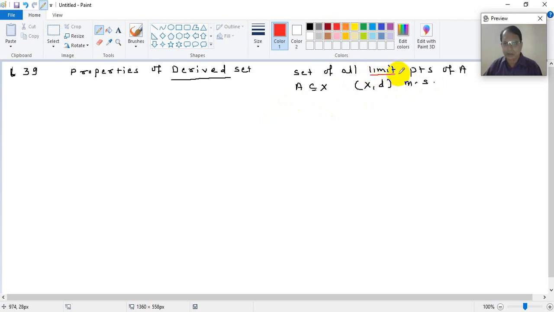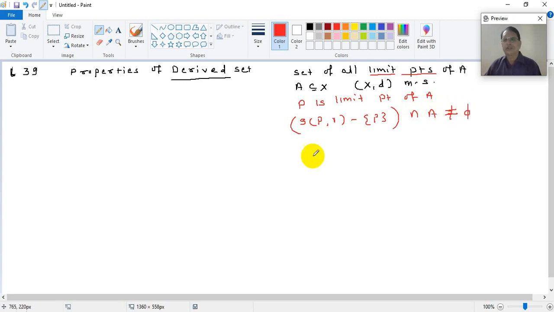If you are asked what a limit point is, it is a point very near to the set A. But how do we write "very near to" mathematically? If I draw any open sphere around the point P, then when we define that P is a limit point of A, we say: you take any radius, and if I draw an open sphere around P with that radius, then that open sphere contains at least one point of A other than P. How do we write this mathematically? S(P, r) is the open sphere around P with radius r, minus P because I want points other than P, and then its intersection with A should be not empty.